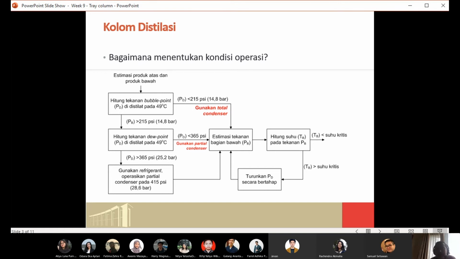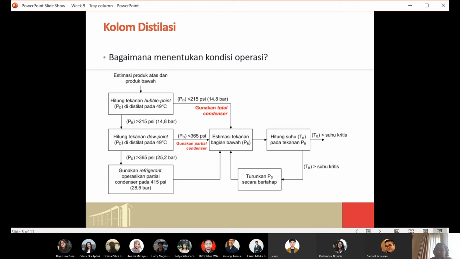Okay. So in this case, the bubble point will be very important. Why should it be the bubble point? Because if the bubble point can be achieved, it means that you can have 100% condensation. If you have a vapor, you will be able to condense 100% of that vapor into liquid. So you have to know the bubble point condition.